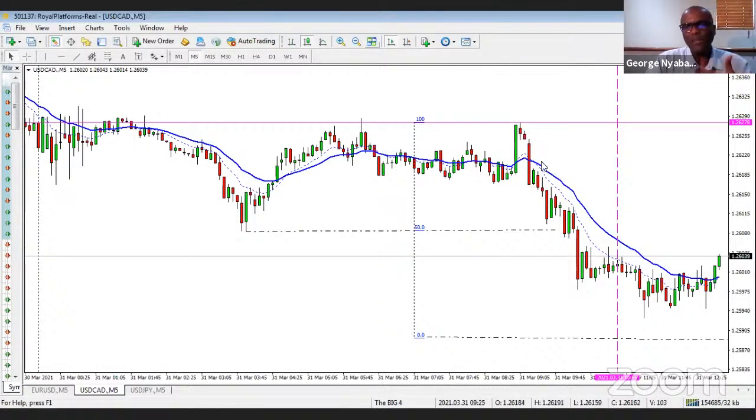Now, for me, although this looks beautiful, I would not have been comfortable to trade that. That is my take. I would see that as the double top. These two are pretty close to each other. I would see that as a double top. I would have wanted, if I was in the market, a lower high somewhere in this area. If you get that lower high, then take the trade.